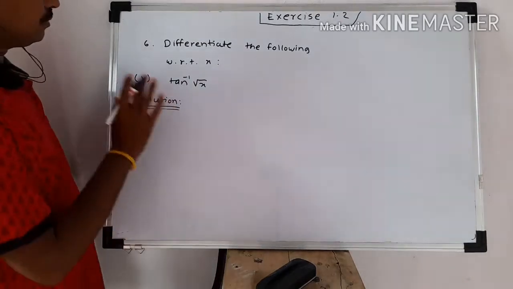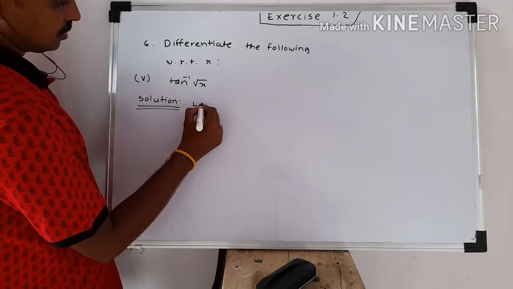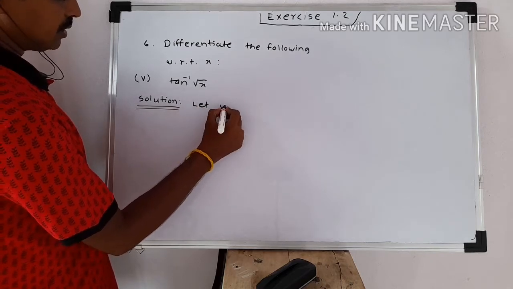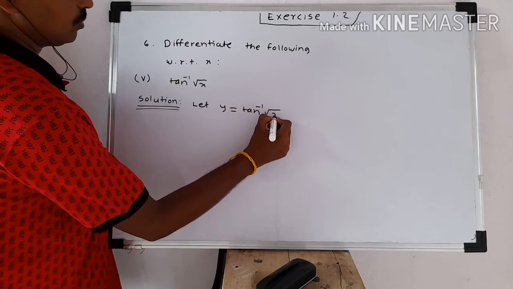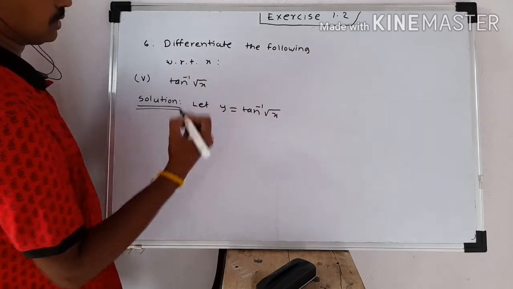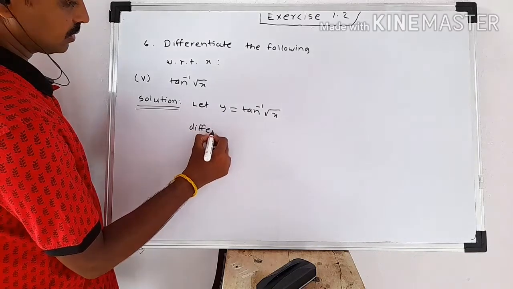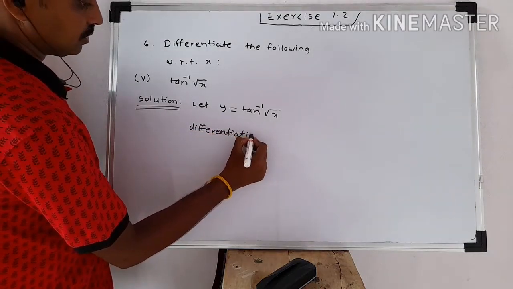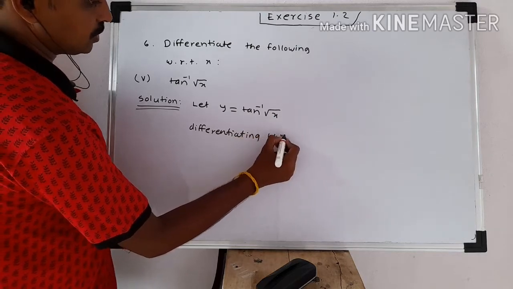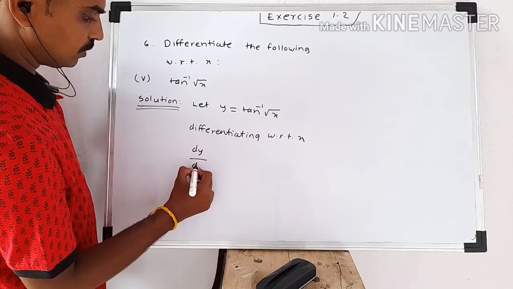Now, our fifth example is tan inverse of root x. In a similar manner, we can solve this example by using the formula for tan inverse of f of x. Differentiating with respect to x, we will get the derivative of y with respect to x.